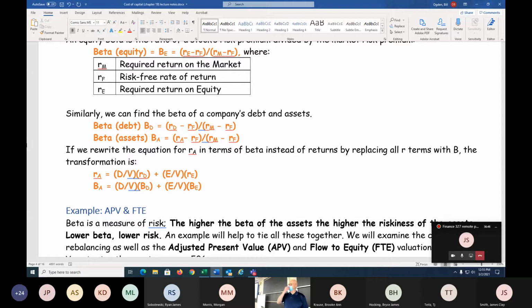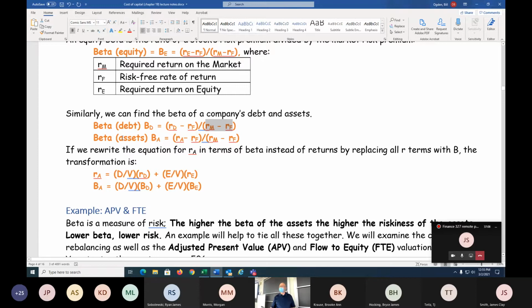Debt is not risk-free, so debt does have a non-zero beta. If we take the cost of debt and subtract the risk-free, here we go, that's the numerator risk premium. And one more time, the denominator will be the market risk premium.